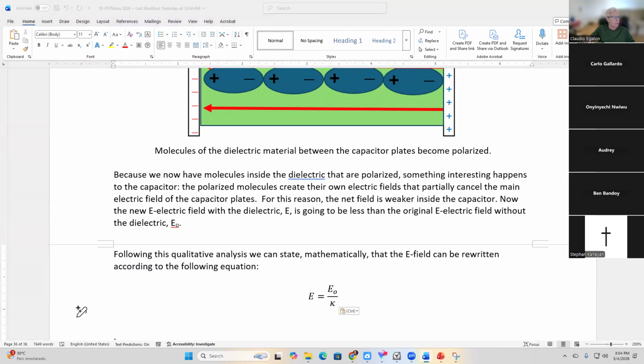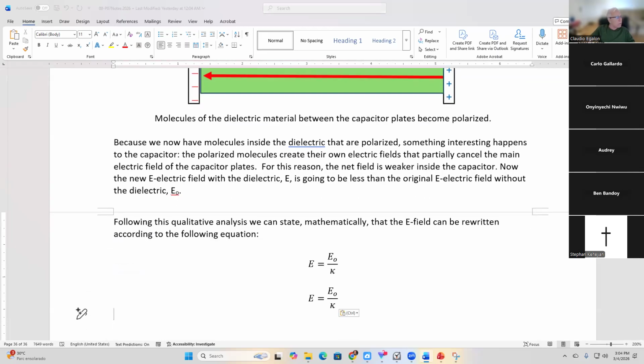Now let's say the constant of a material, in which this constant kappa, right? The name of this letter is kappa, the Greek letter K. This constant is going to be greater than 1.